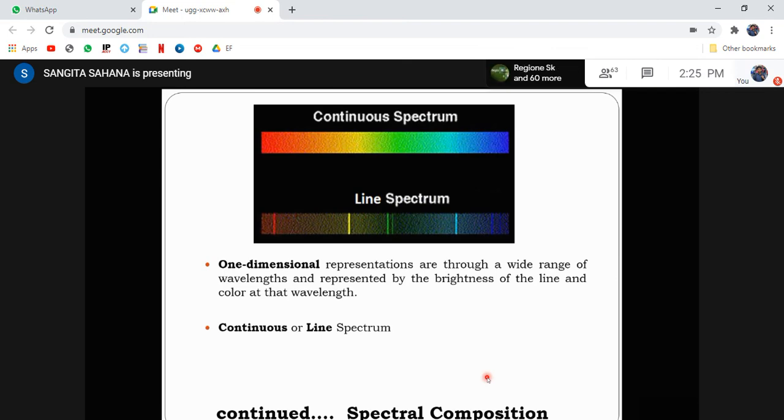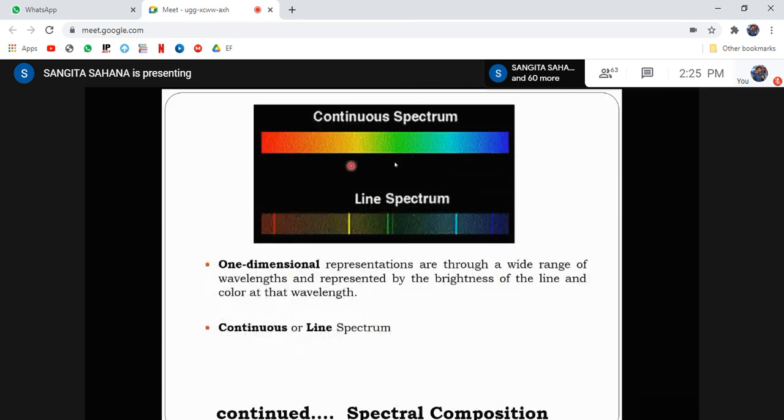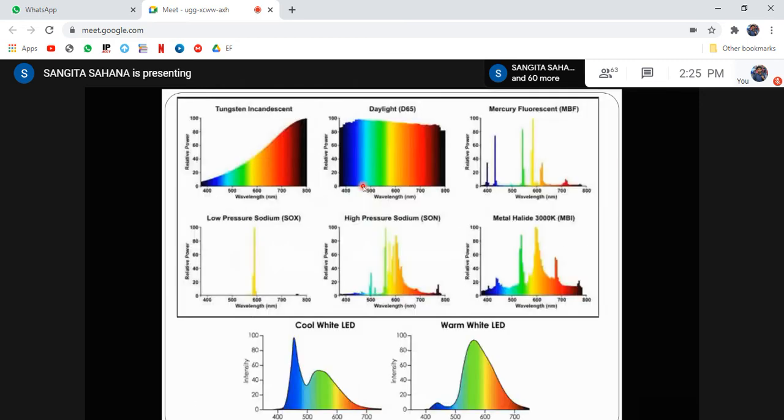Because sir has already explained that it's a one-dimensional plot, so you can see only the x-axis here, not the amount of power. That instrument name is the spectroradiometer. You know the radiometer, the instrument which can measure the radiation power.